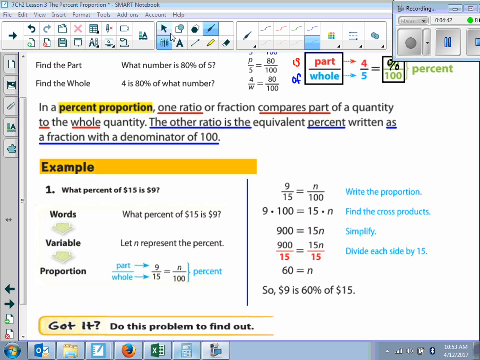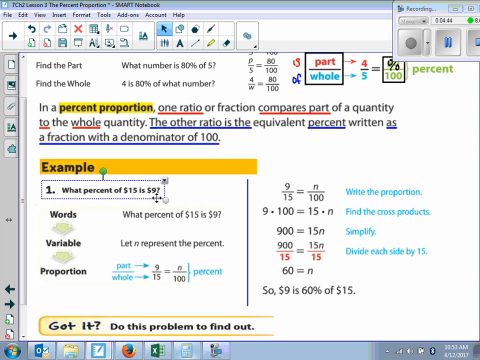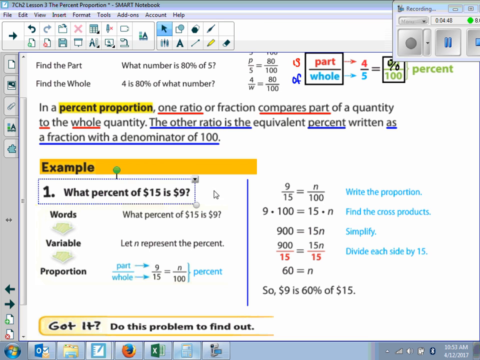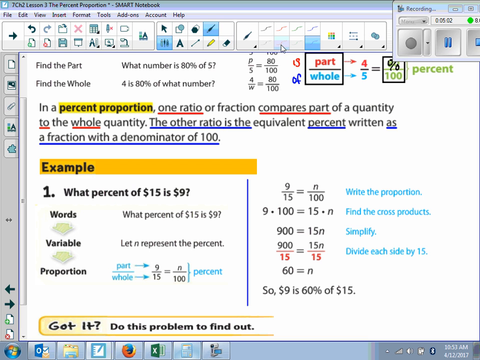All right, so for example 1, it says, what percent of 15 is 9? So in this question, that's the words. The variable, we're going to let n or x, or whatever variable you want, represent the percent, because that is where the what is. It says what percent. So we know we're solving for the percent.